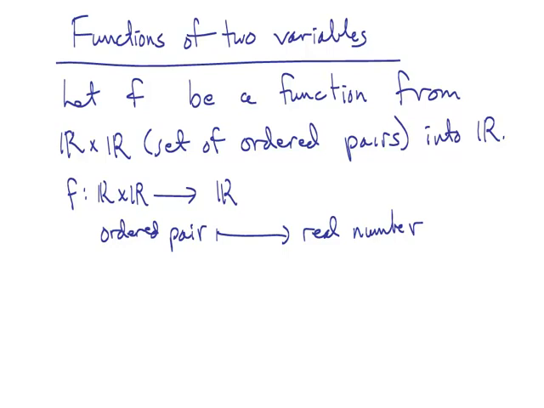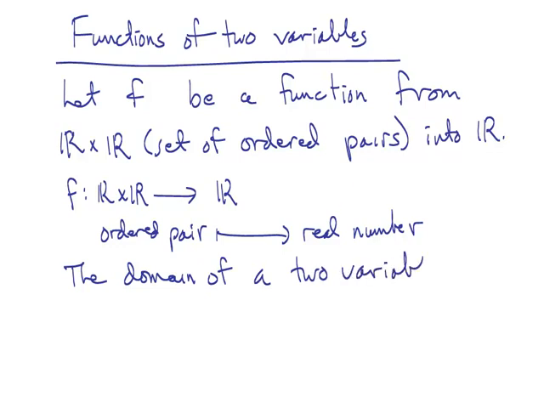Okay, and of course, looking ahead a little bit, for a multivariable function, a three variable or four variable, we take an ordered triple or an ordered quadruple and send that to a real number with some formula. And if you think about some of the issues that are going to arise when we have multivariable functions, one of those is domain. If we talk about the domain of a two variable function, we can no longer talk about just simply a subset of the real numbers.